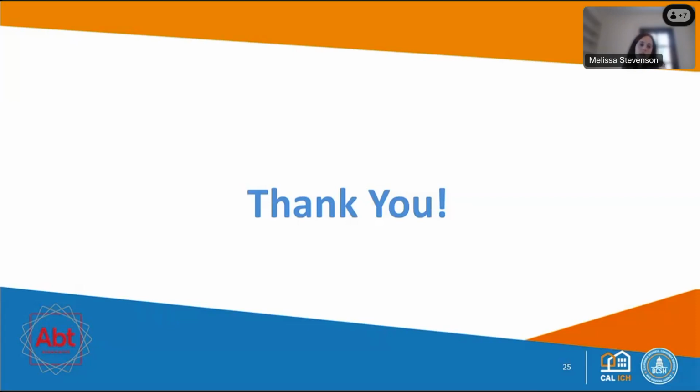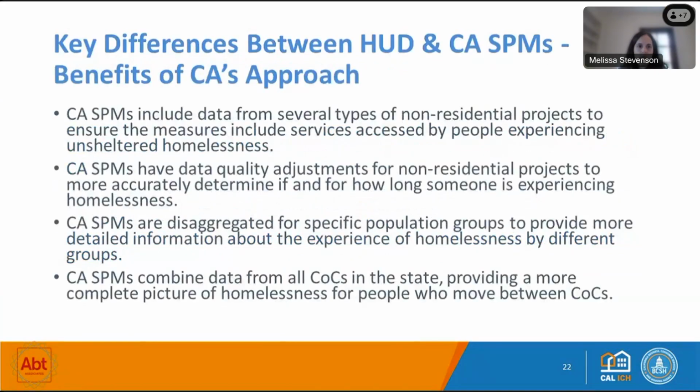Hopefully the slide about the key differences, which maybe I can go back to for a second, addresses some of those concerns. There will be some differences in the numbers. That's completely normal.